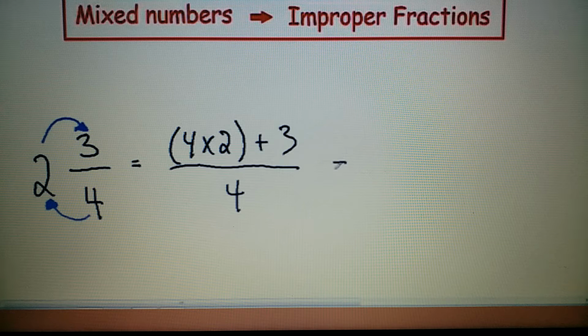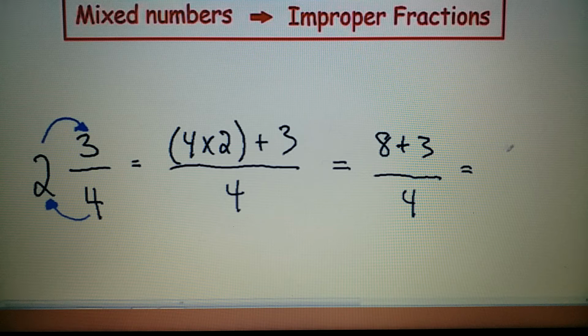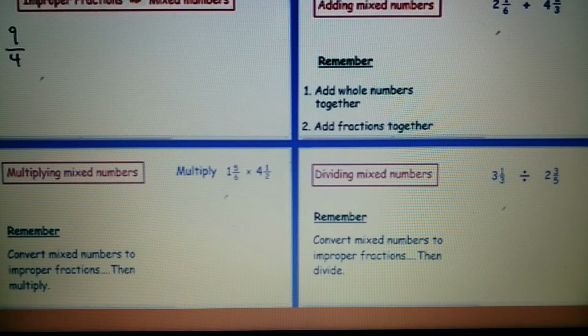So then in our numerator, we have 4 times 2, which is 8, plus 3. And in our denominator, we still have our 4. And 8 plus 3 is equal to 11 over 4. So now we have an improper fraction because our numerator is greater than our denominator, and our final answer is 11 over 4.